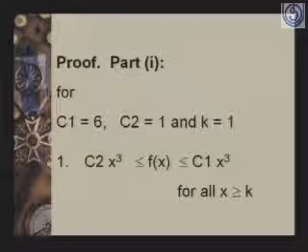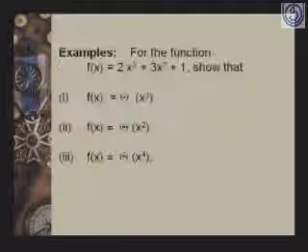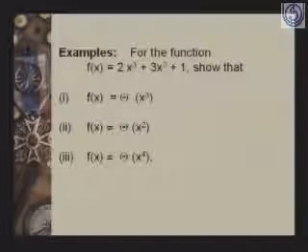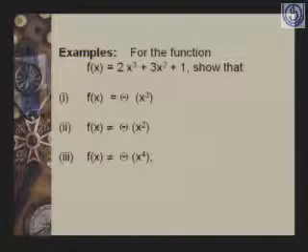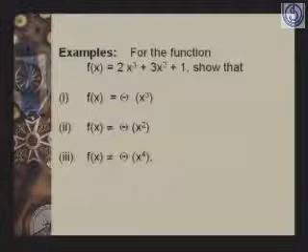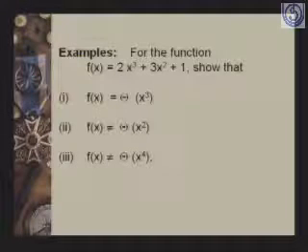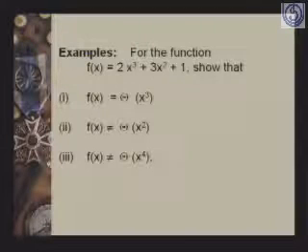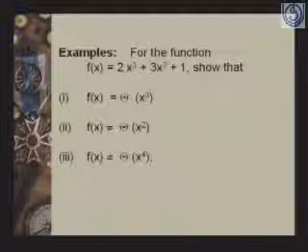Please look at these again. We have to show that 2x cube plus 3x square plus 1 is such a function that it is less than or equal to some constant multiple of x cube and more than or equal to some constant multiple of x cube. And you can see, because in 2x cube plus 3x square plus 1, if each power of x is replaced by x cube, then it will be less than or equal to 6x cube.